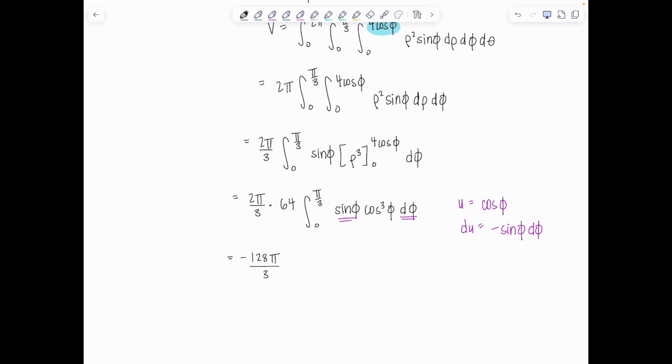Let me put the minus sign. This would have been u cubed, right? Antiderivative would be 1/4 u to the 4th, but instead of u, I'm going to just leave it, cosine phi from 0 to pi over 3. Is that cosine to the 4th? To the 4th. Yeah. Whoops! Okay. Good?